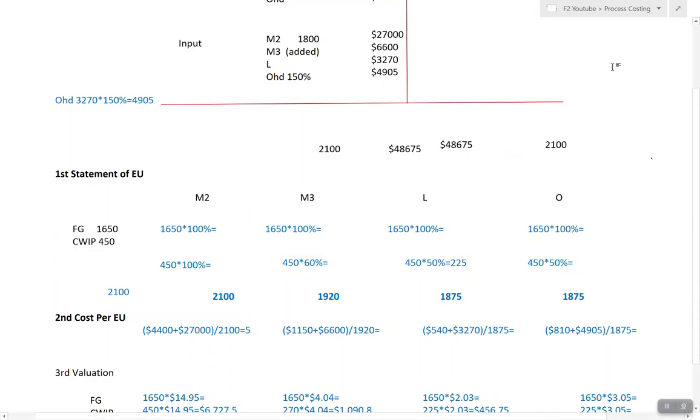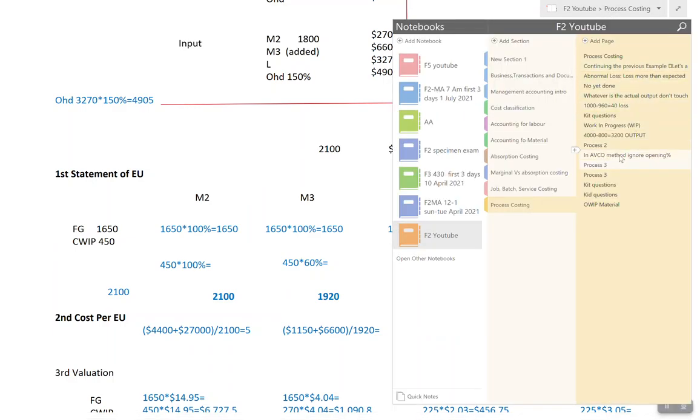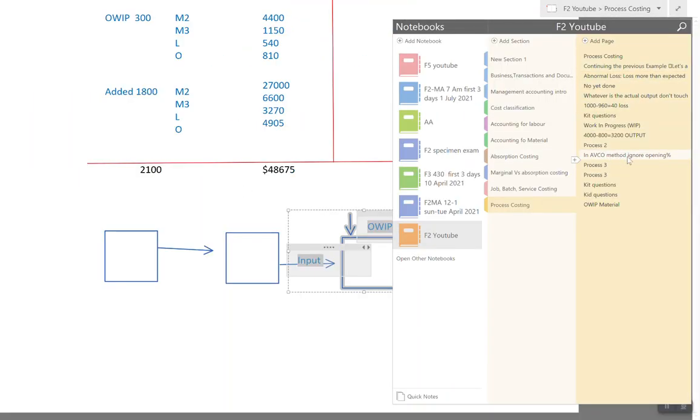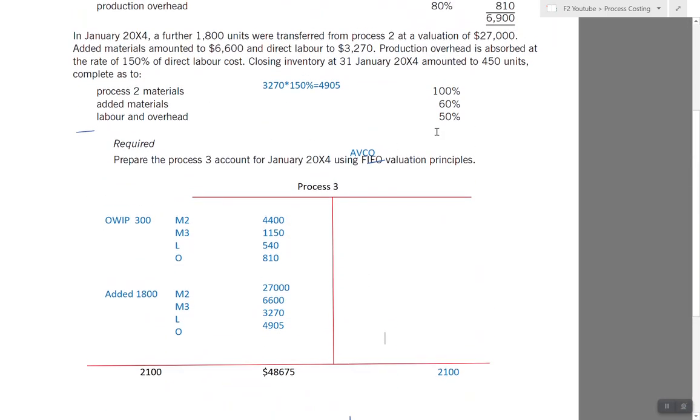So equivalent units, we do the same way. We have total 2,100 units. Finished goods is 1,650. Closing work in progress 450. Finished goods is finished, so that's why 100% complete. Closing work in progress was told as 100%, 60%, 50%.